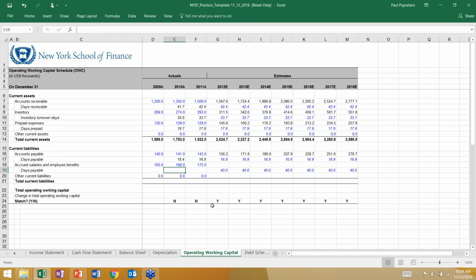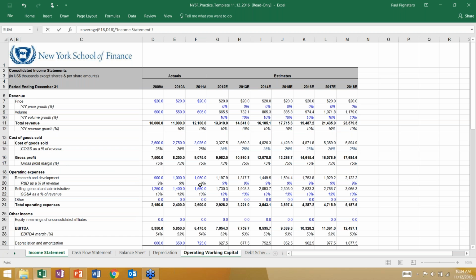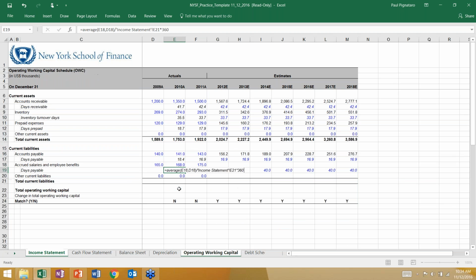So we're going to take an average this year and last year, divided by income statement SG&A, times 360. Okay, that gave us 39.8.